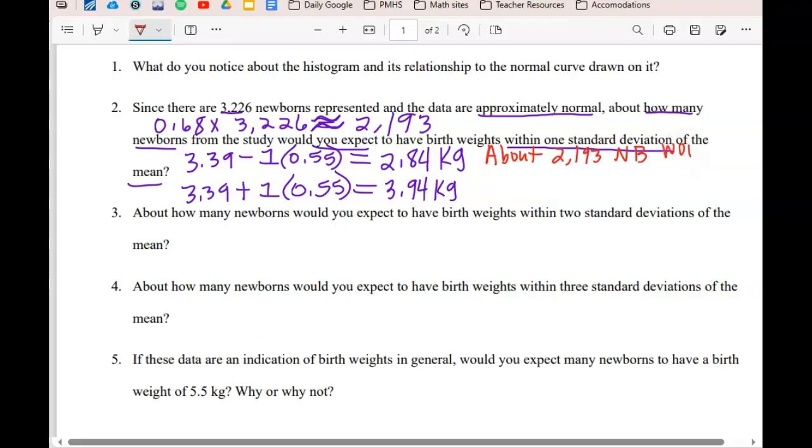Would have a birth weight between, between what? 2.84 kilograms. Good. And 3.94.